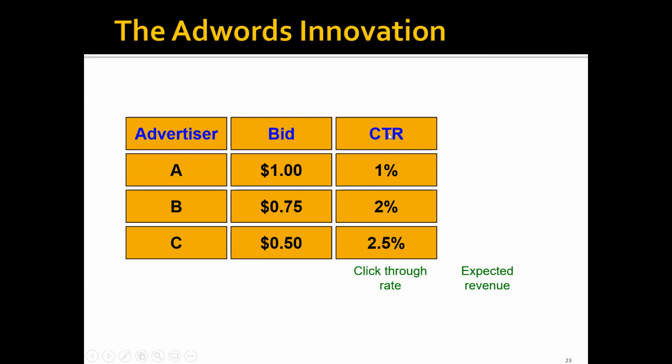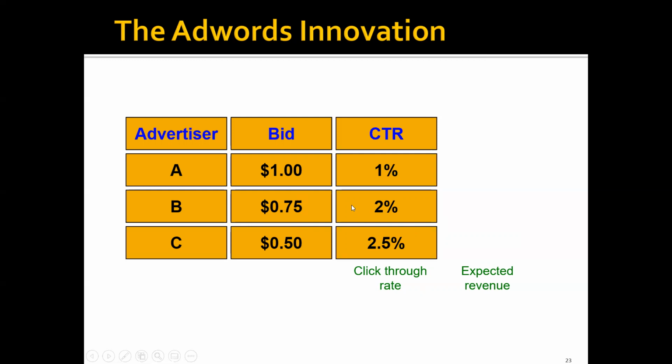Again, click-through rate is the probability that this ad will be clicked by users if it's shown to the users. As you can see, this first advertiser actually has a relatively low click-through rate. And the second advertiser, although it has a relatively low bid, has a significantly higher click-through rate.